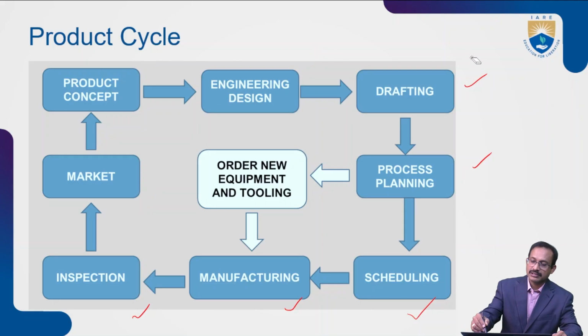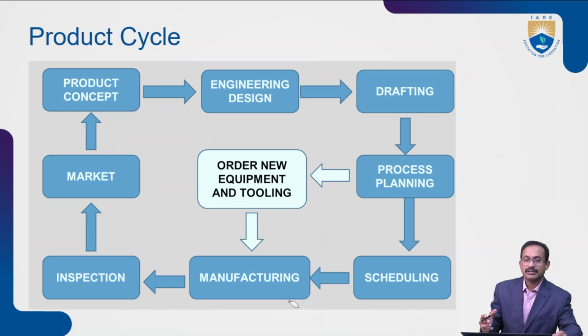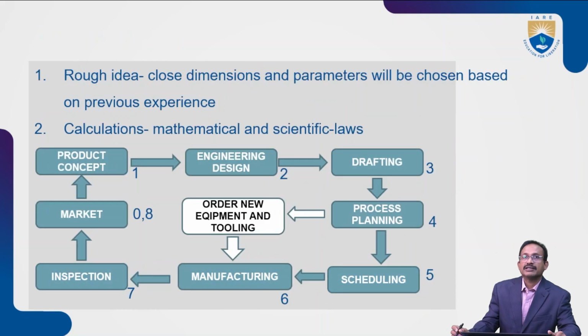Now let us see where it starts. From this picture we can easily see this. In principle the 0th one is market. Let us discuss this stage at the end.